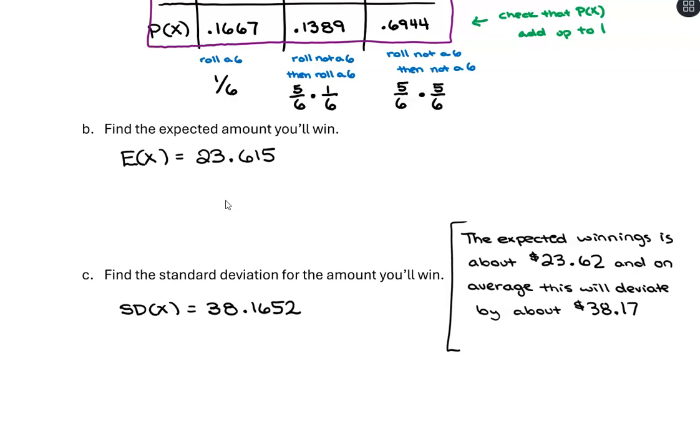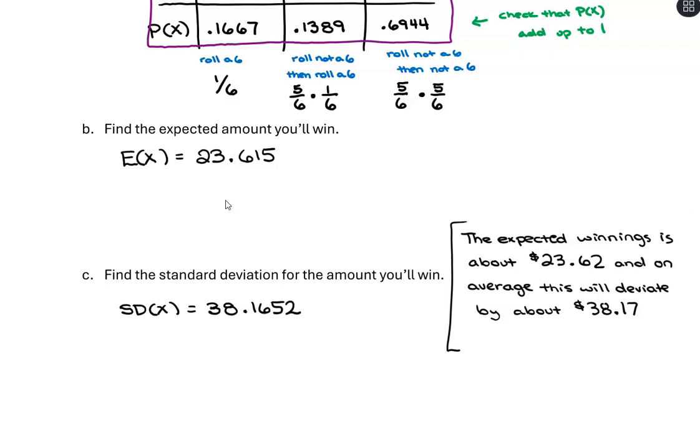Now, this is a case that can occur and might feel a little strange where the deviation is larger than the expected value. So if we think about what this means, we expect about $24, and on average that can change by about $38.